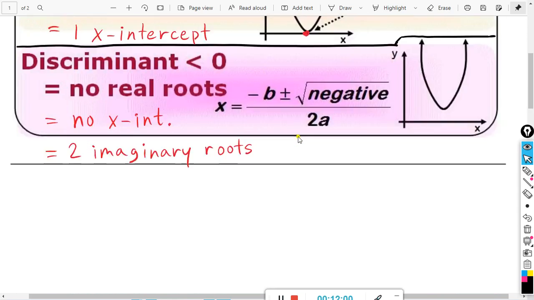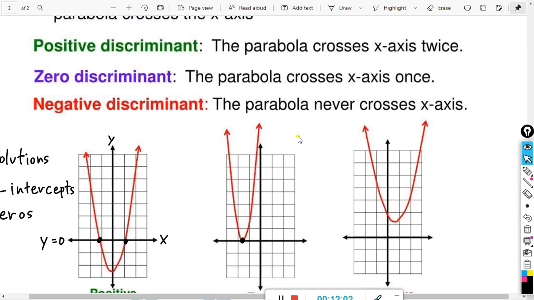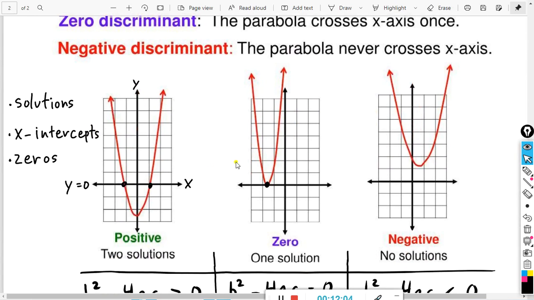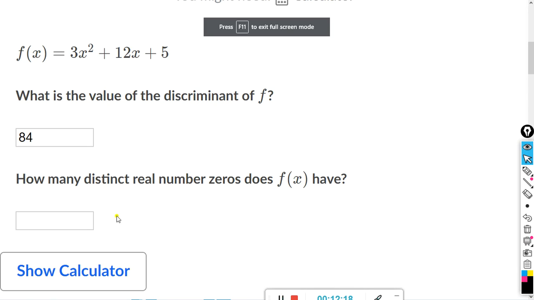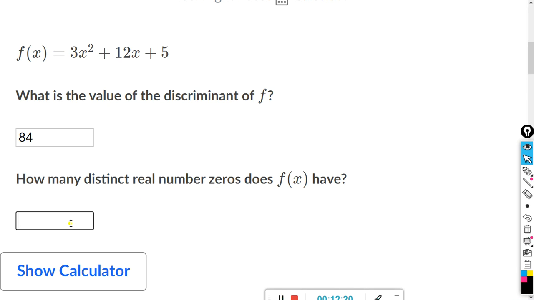And remember before, we said that the roots or solutions, you can also call them zeros. So when it crosses the x-axis twice, that is 2 real solutions or 2 real zeros, same thing. So for the real number zeros, it's just 2.